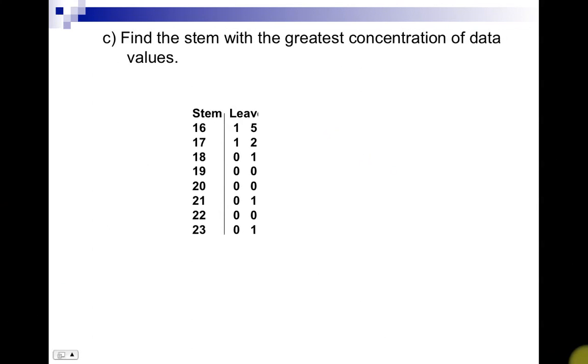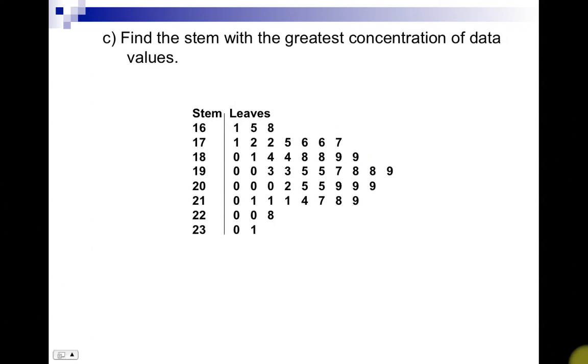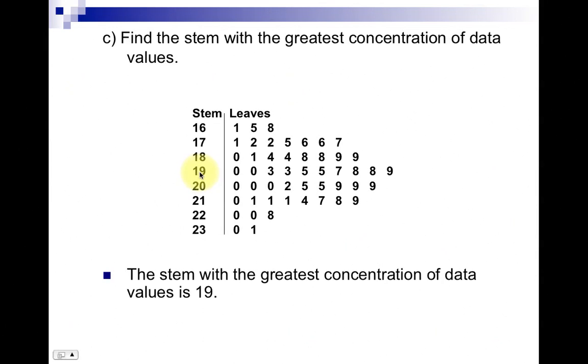The stem with the greatest concentration of data values, here's where it becomes really important that we have these perfect vertical lines. It's easy to see that since the stem with 19 goes furthest out to the right, this is the row that's got the most data values, and therefore it is the stem 19 that's got the greatest concentration of data values.